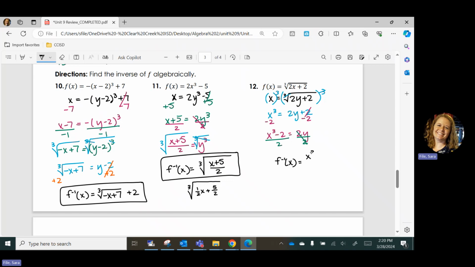You could leave it (x cubed minus 2) over 2, or you may see it written where the 2 is split between the terms. It's the denominator of both, so it would be 1/2 x cubed, but then it would be minus 2/2. But 2/2 reduces. 2 over 2 is simply 1.